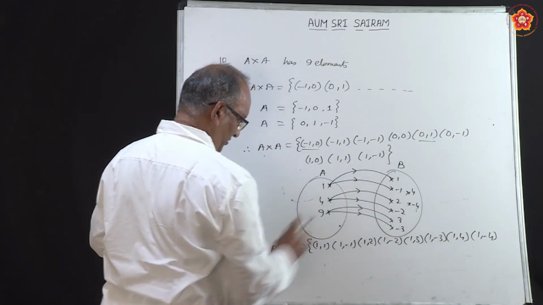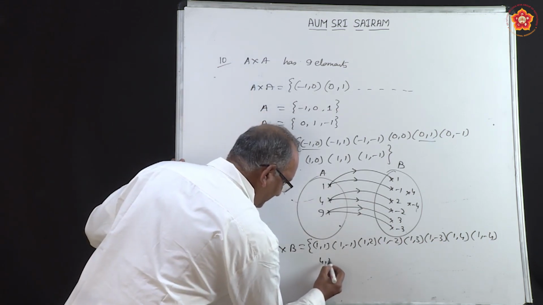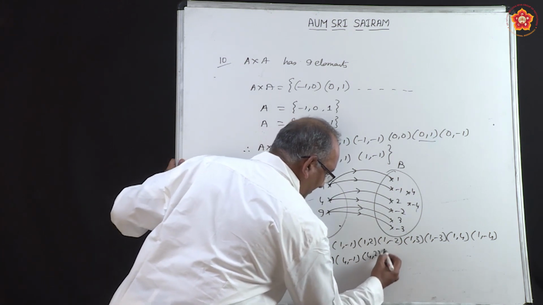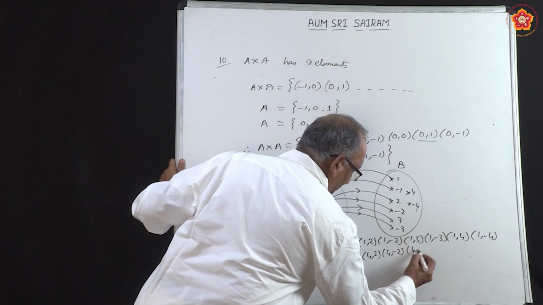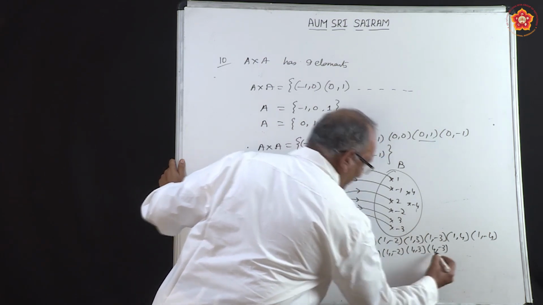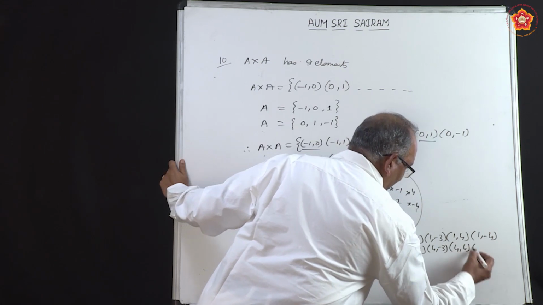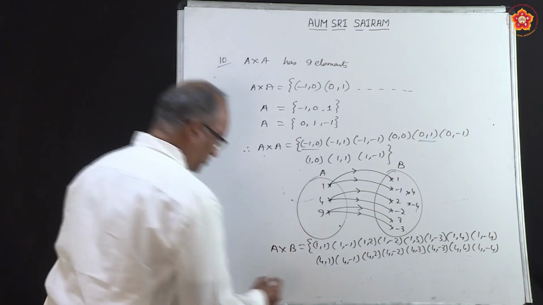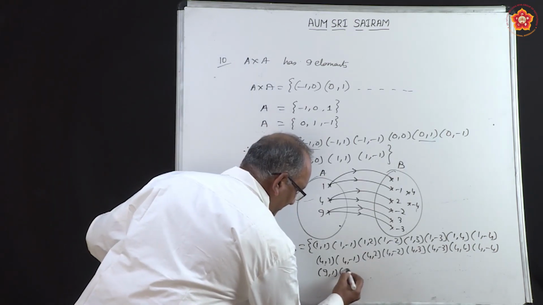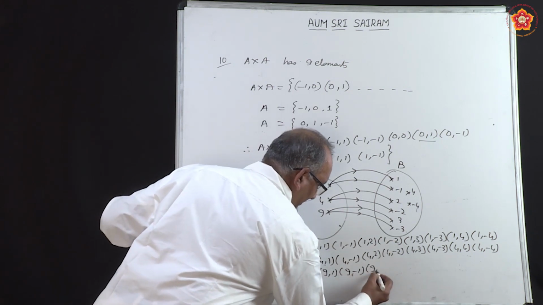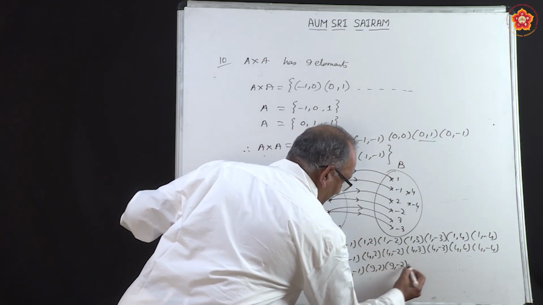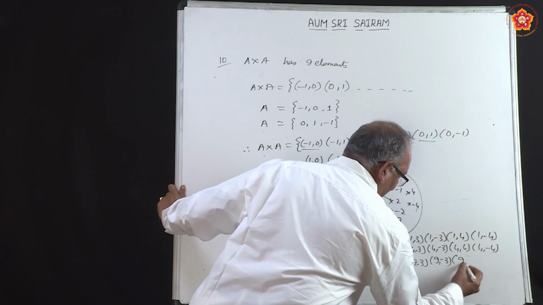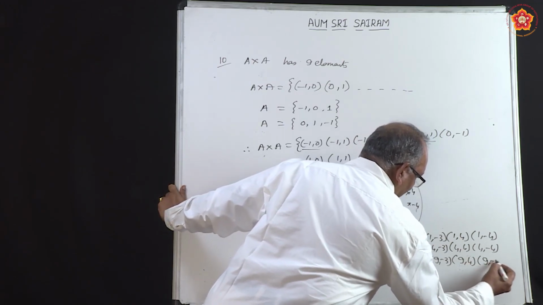Do the same thing with 4: 4 1, 4 minus 1, 4 2, 4 minus 2, 4 3, 4 minus 3, 4 4, 4 minus 4. Similarly, make with 9: 9 1, 9 minus 1, 9 2, 9 minus 2, 9 3, 9 minus 3, 9 4, 9 minus 4.